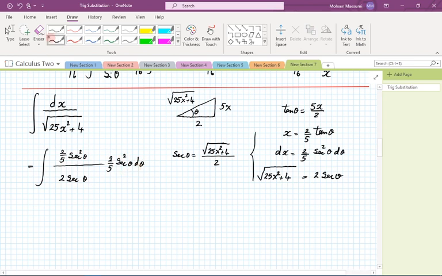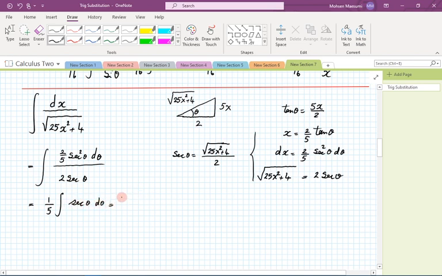Well, sorry, I duplicated myself. Sorry, let me make a correction. Dx is 2/5 of secant squared of theta d theta. So that's what I meant to write. And the radical in the denominator is just 2 secant theta. Well, when we simplify it, these numbers become 1/5. I can take it outside. The ratio of these two is just secant of theta d theta.